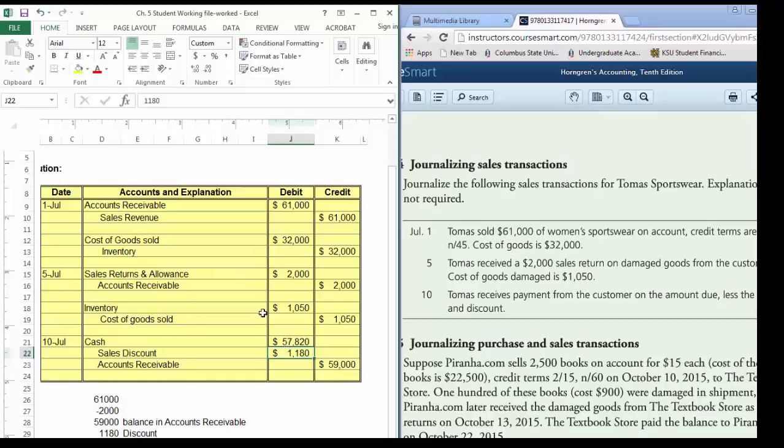We want to keep up with this separately so we can know those things and see those red flags. Okay, so sales discounts, just like sales returns and allowances, those are our contra sales accounts. So they have a normal debit balance just like an expense, okay, because they reduce our sales.